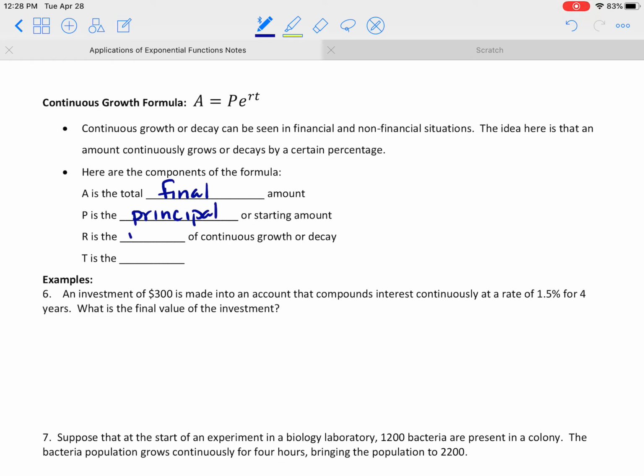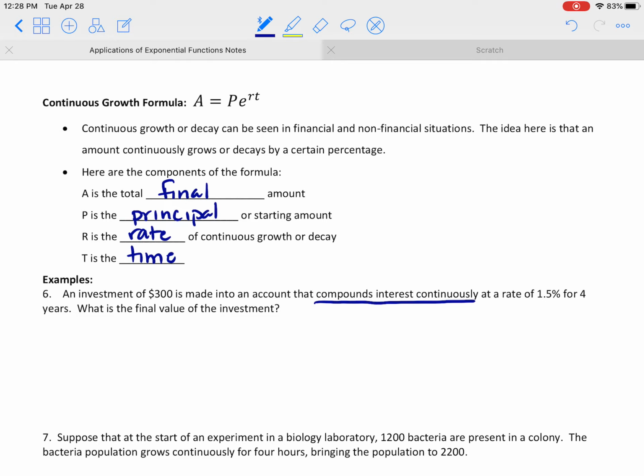So A is still the total final amount. P is the principal, the original or starting amount. And then r is still the rate, which we would convert. And t is still the time. Same components, just a different base for our exponents.